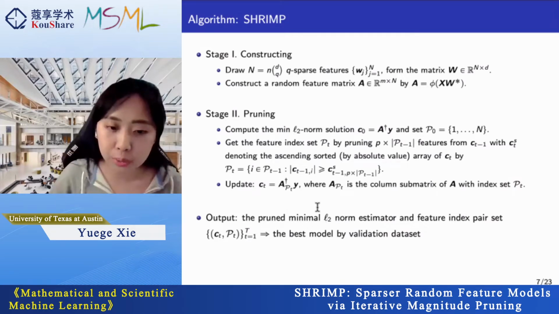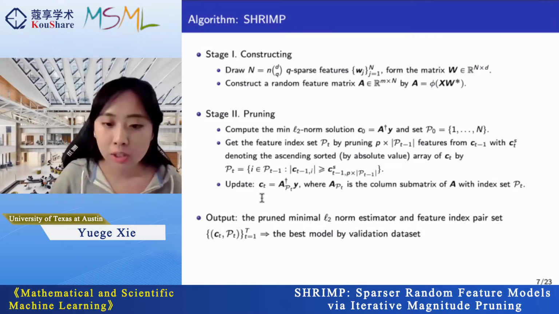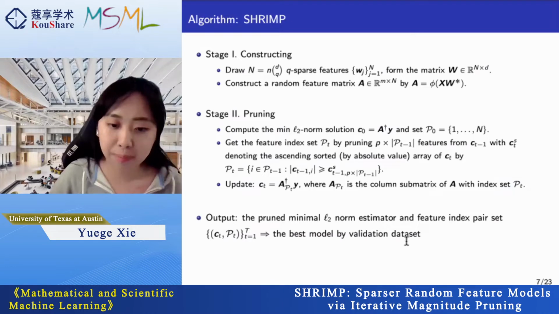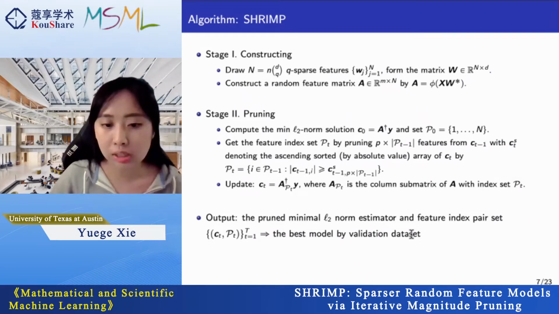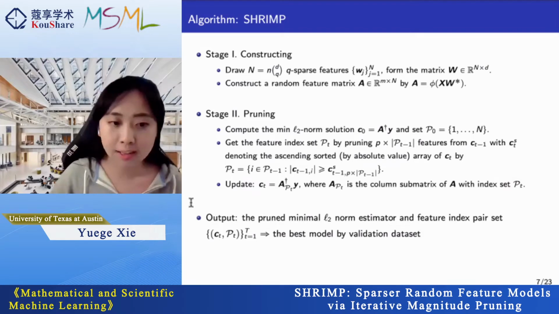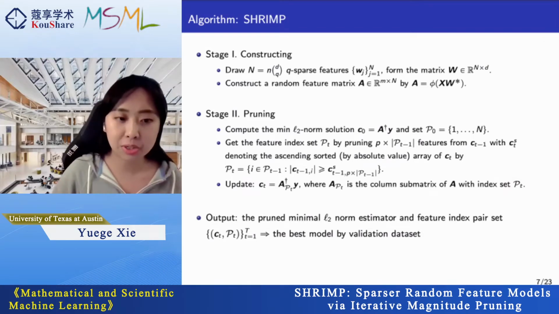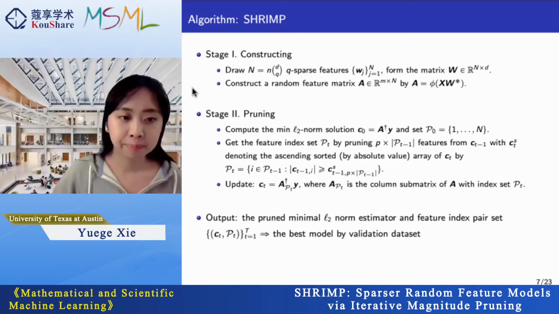The way we choose the best model is by a validation data set. We calculate the performance of the different estimators on the validation data set, and we choose the best model according to the validation performance. For the test performance, we just use the best model to evaluate on the test data set.